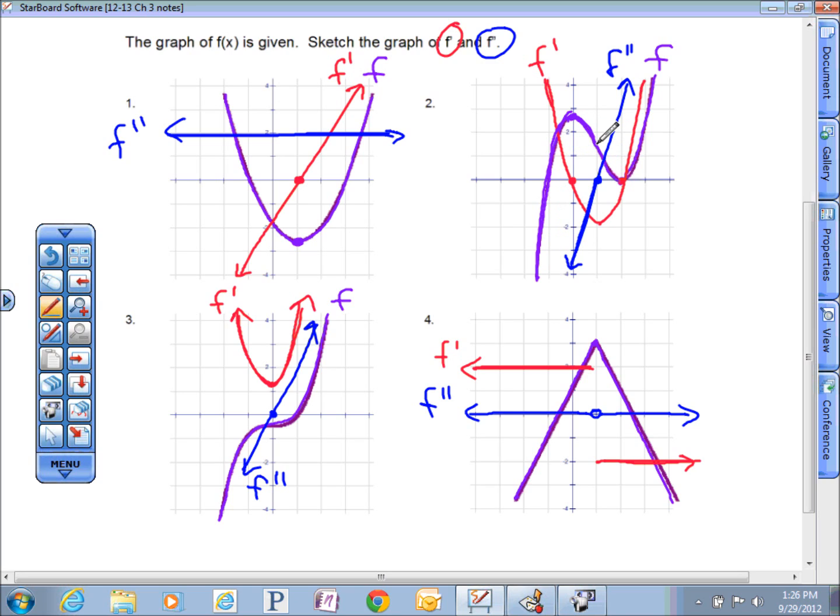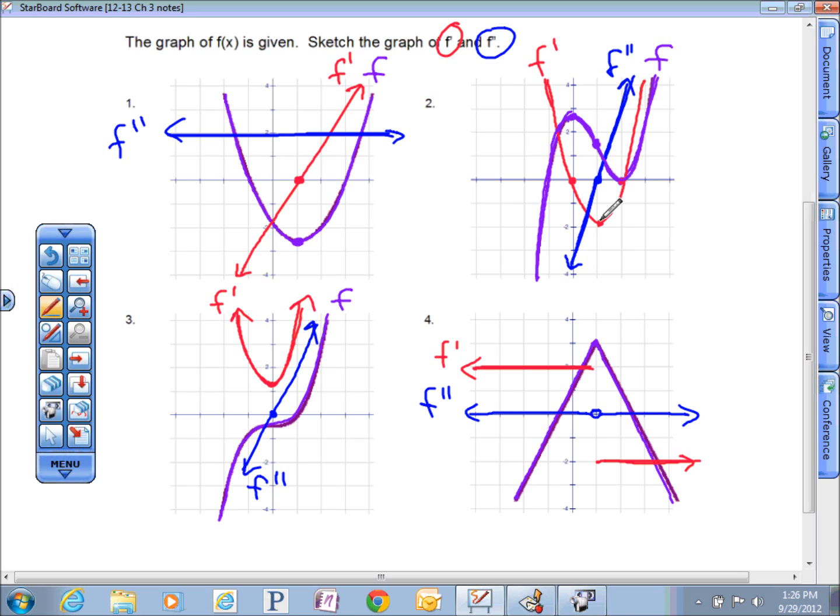Blue function above the x-axis, purple function concave up, with an inflection point taking place at the exact value where that second derivative hits the x-axis, which coincidentally is the same place that the red function has a relative min.